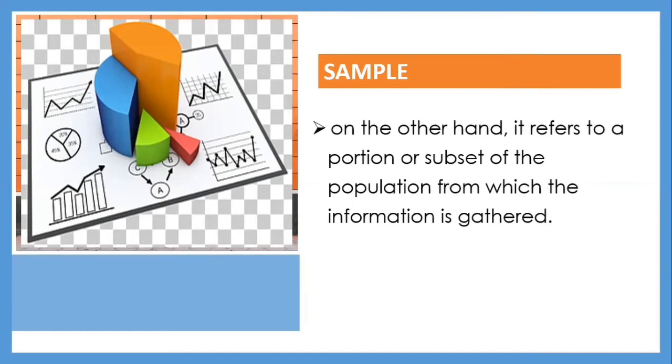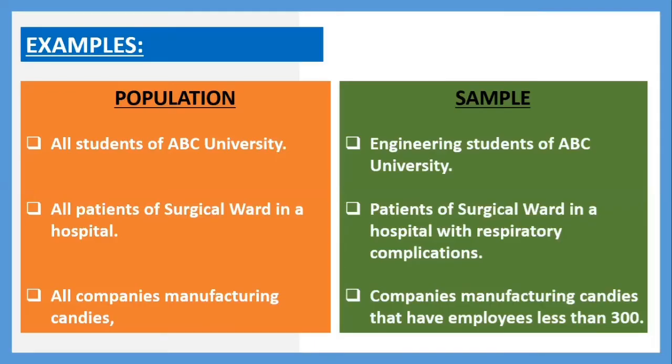Now, in order for us to better understand the differences, let us have some examples. First example of population: all students of ABC University. So you're making use of the word all. That's population. So how do we make this example a sample example?